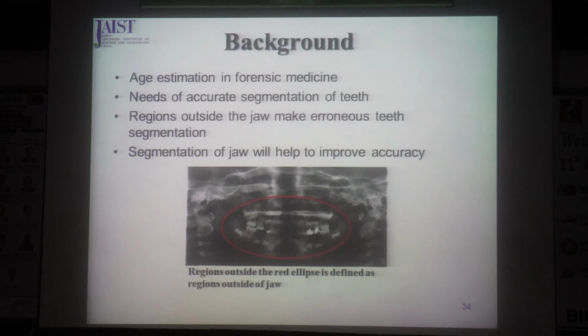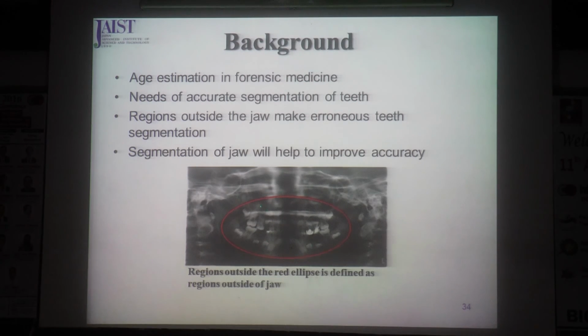So in such cases, it is very important to detect the alignment of teeth as evidence to identify a person. So the matter is how we can do this with the aid of image processing.